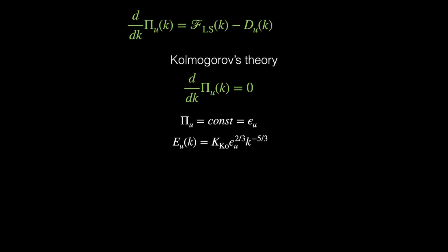This is important to know: if there is some energy going into an intermediate scale, that is F_LS here, and there's dissipation. Kolmogorov assumes that energy is supplied only at large scale, and there's no energy supply and no dissipation in the intermediate scale. So dΠ/dk is 0, and the flux is constant. Of course, this is a mean; the flux can fluctuate a bit, but the mean flux is constant.